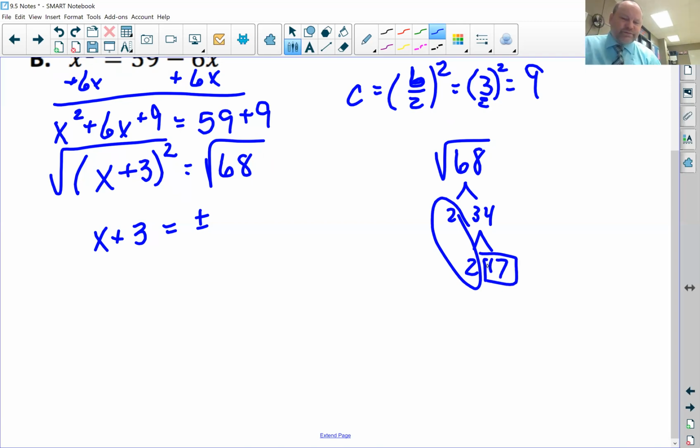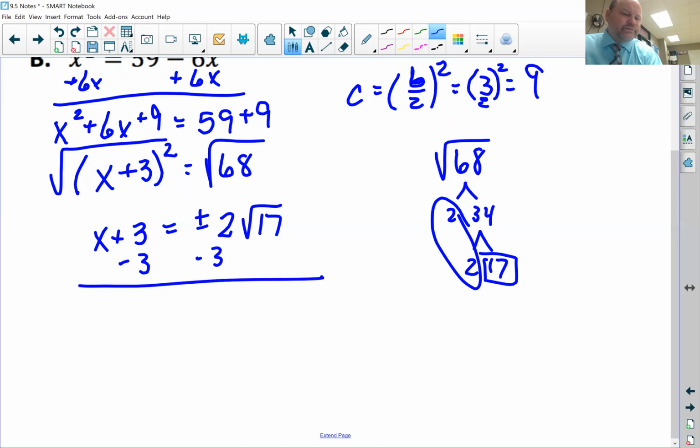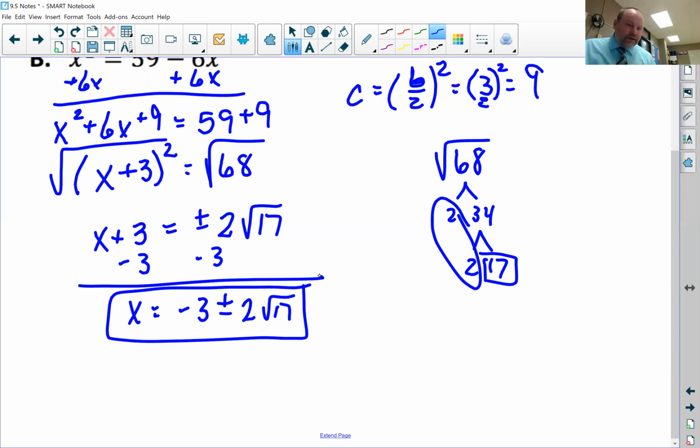And 17 is prime, so it's not going to have any factors. So we're going to have 2 outside, times the square root of 17. Subtract 3 from both sides of the equation. And you have your answer.